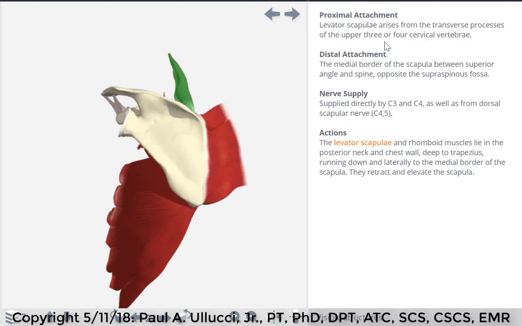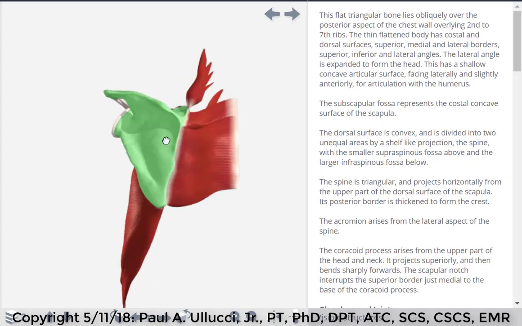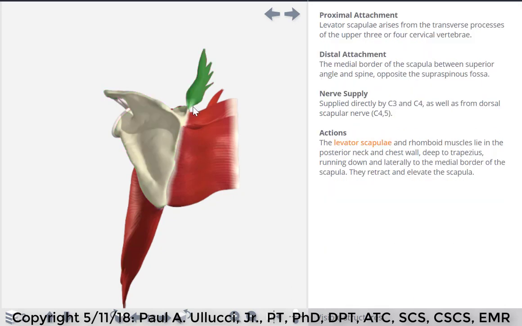Normally, you want to know both the third and the fourth because it can vary in your patients. And then, of course, the medial border of the scapula between the superior angle and the spine, opposite the supraspinous fossa. A lot of verbiage, whereas the superior medial angle is right there. That's what you really need to know: superior medial angle. Okay? We'll try and make it easy for you.